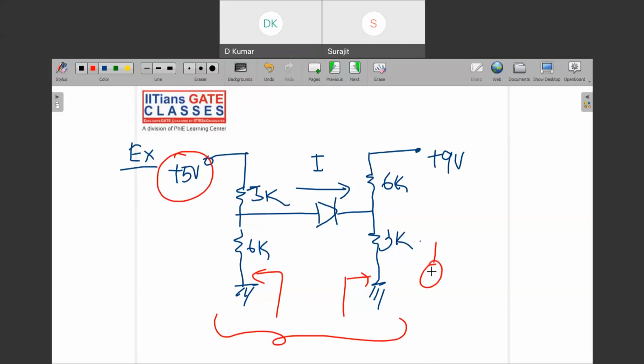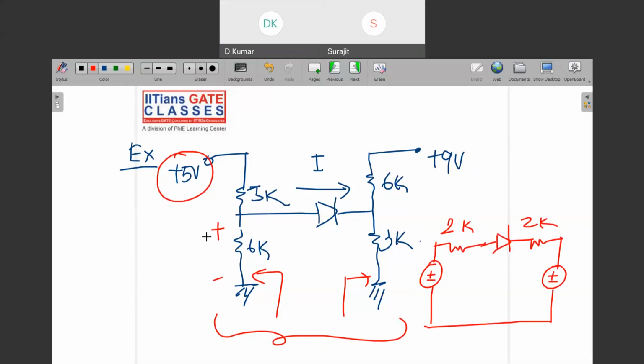So RTH will be the same for both. That is 2K. I think 2K is the RTH, and VTH is what here? That is 5 into 6 upon 9 and 9 into 3 upon 9. So 3 volt here.